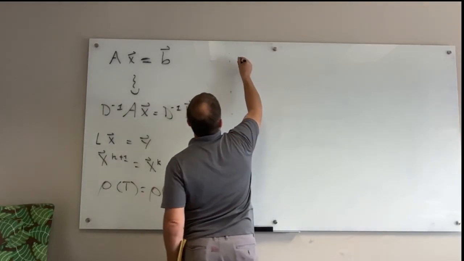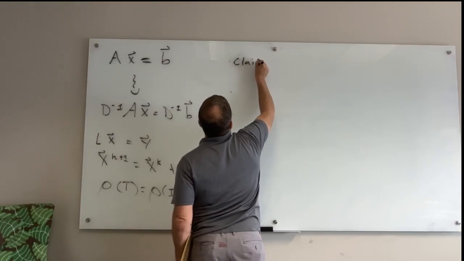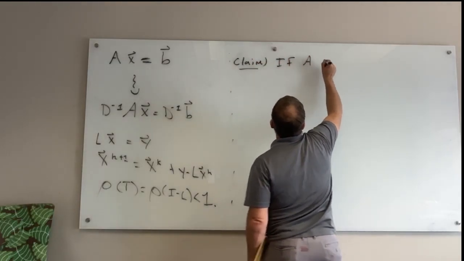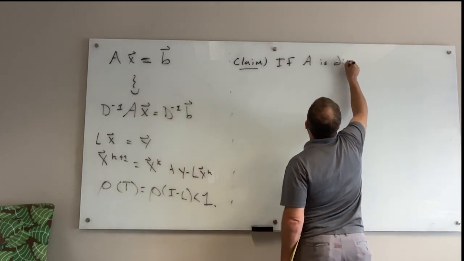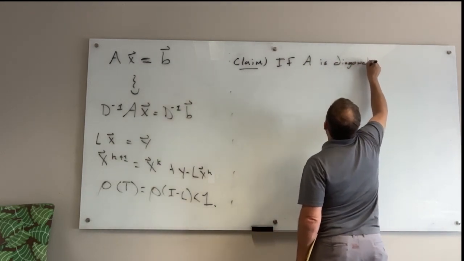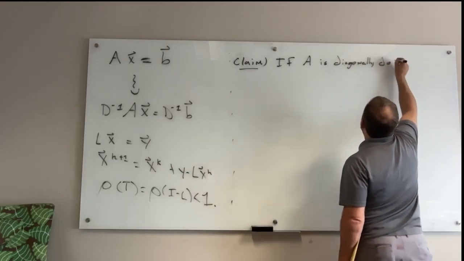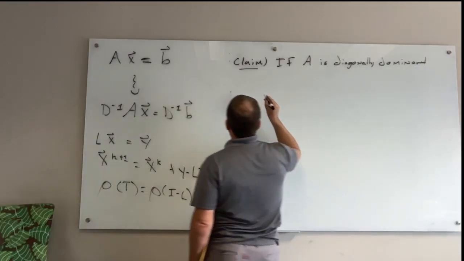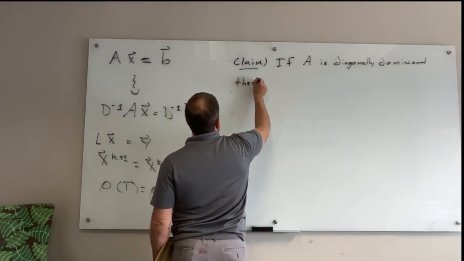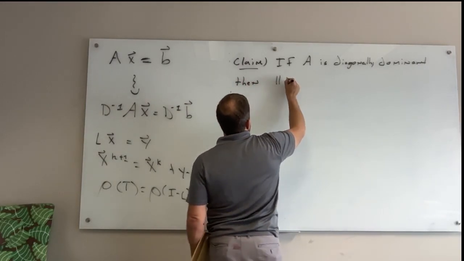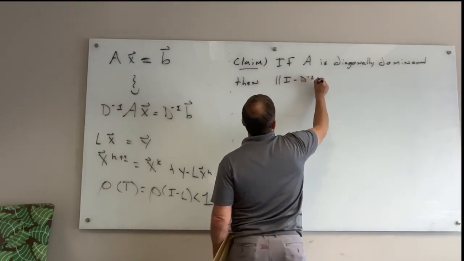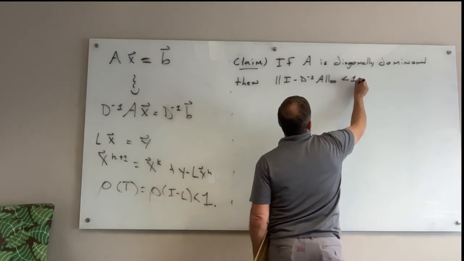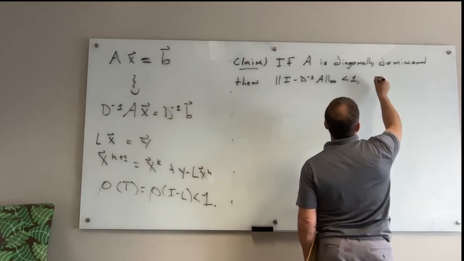Okay, so here's my claim. If A is diagonally dominant, then the infinity norm of I minus D inverse A is less than 1, and that's the main thing that I'm going to prove.